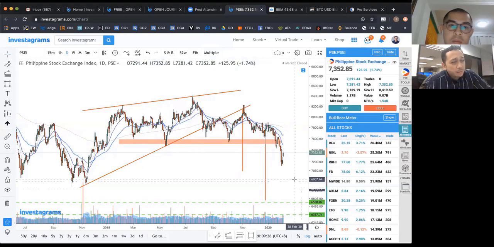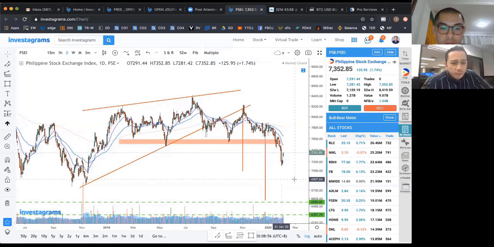I've had some notable people within my ecosystem, of course we'll keep those anonymous, say na pwede na pumasok sa market, or that you can already now deploy for the long term, or that prices are already too cheap, oversold, and that there's really no way to go but up from here.